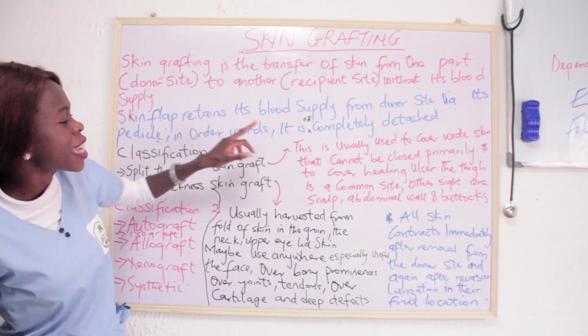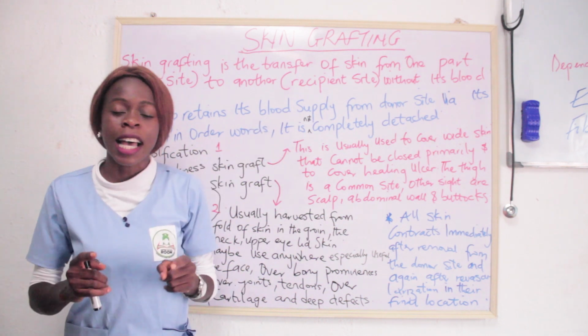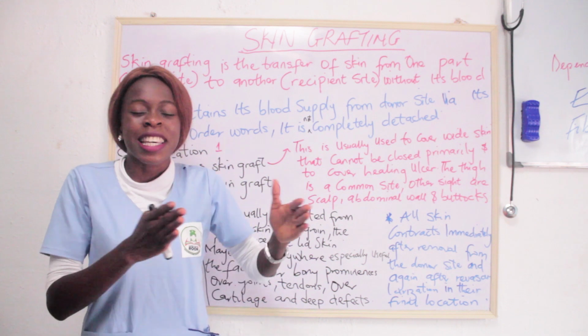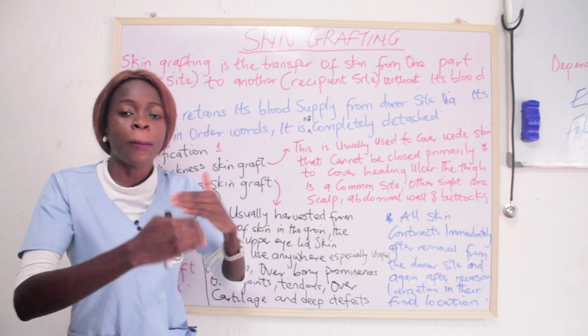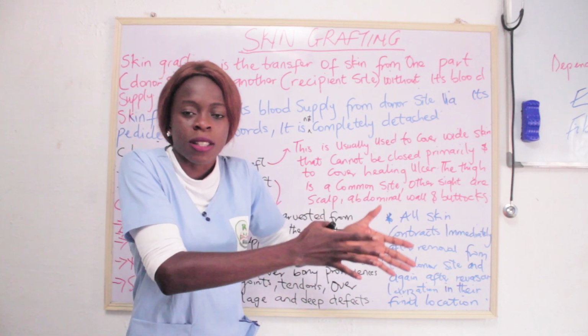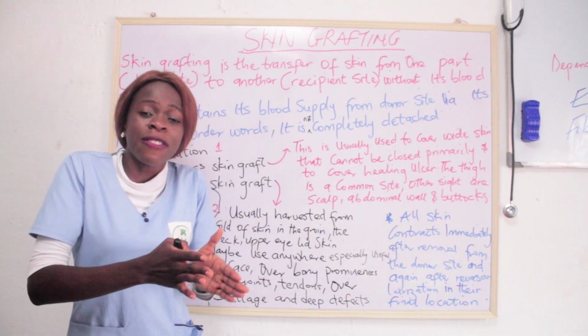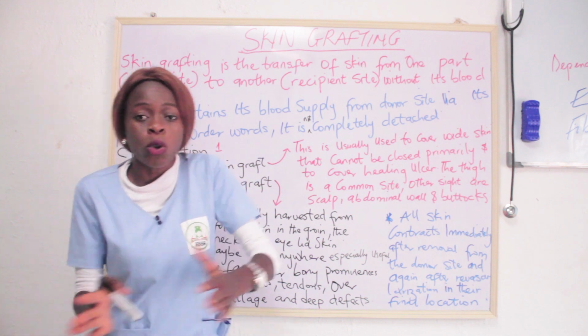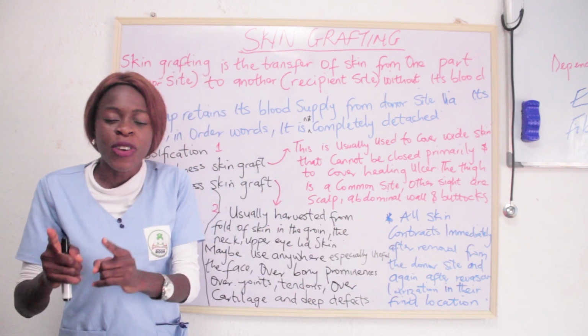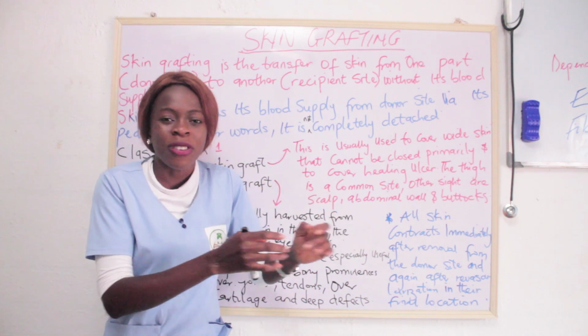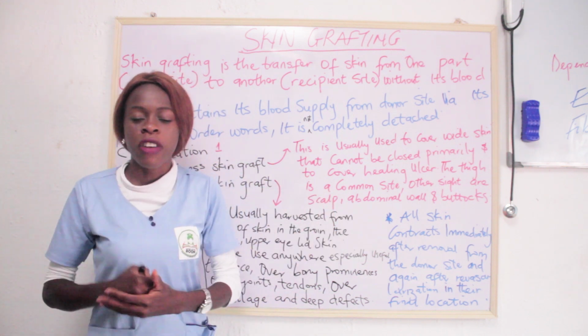In other words, it is not completely detached. The difference between a skin graft and a skin flap is that in a skin graft, the blood supply is not transferred. But in a skin flap, the blood supply follows suit, moving with the skin. So that is the difference between a skin graft and a skin flap.